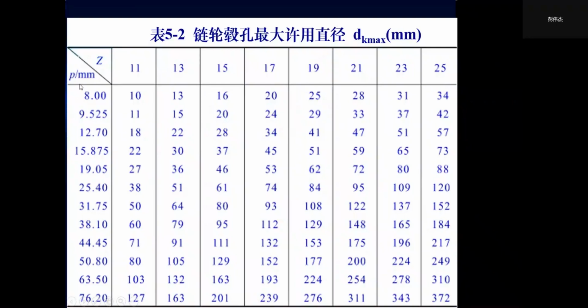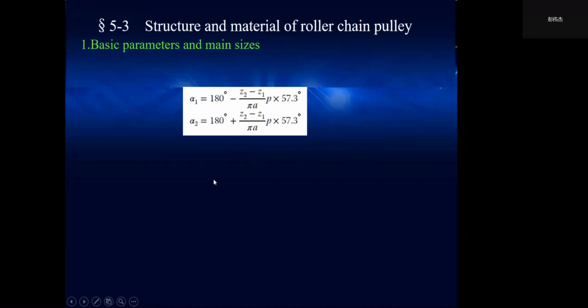For example, if the chain number is 08, the pitch is 12.7. If the number of sprocket teeth is 15, then the maximum hole diameter is 28. This is the allowable maximum diameter of the hole.